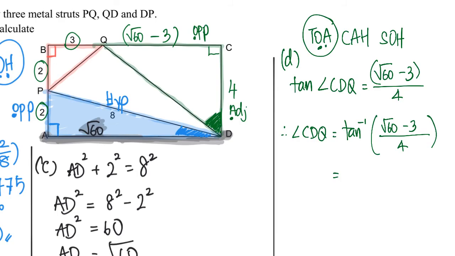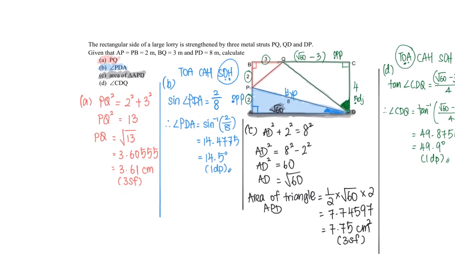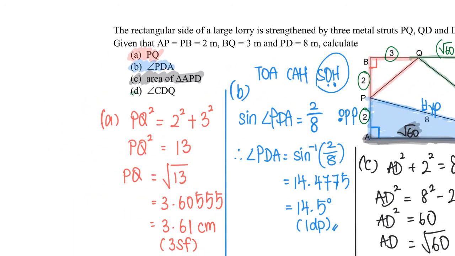You'll be able to get 49.8751 to 6 sig fig. This is going to be 1 decimal place. 49.9 degree, 1 decimal place. That is for part D. And part D is done in green color.